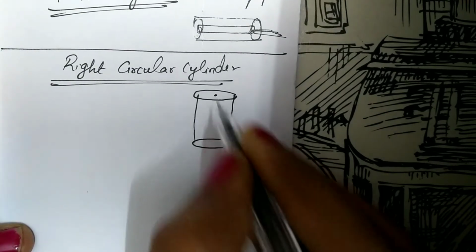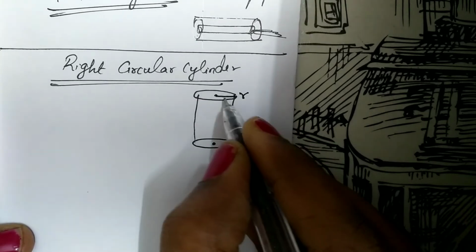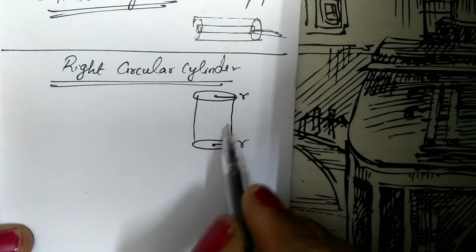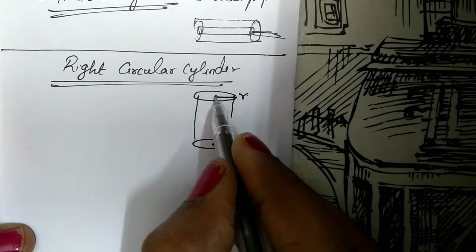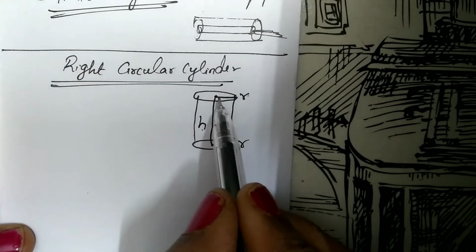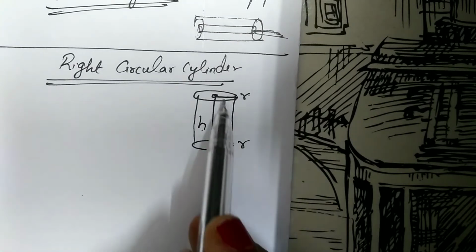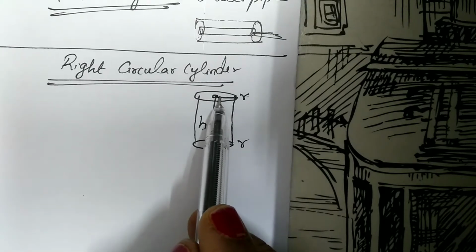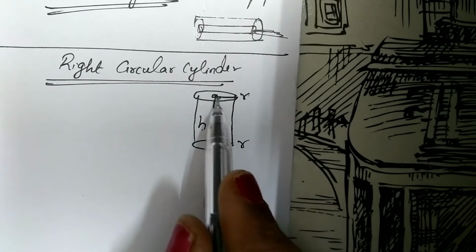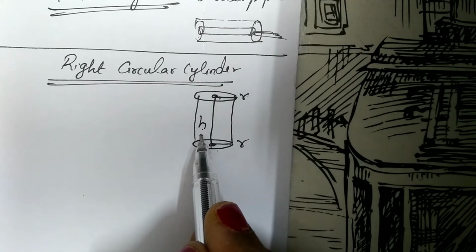You can see the top and bottom are in the shape of a circle, and both will have the same radius. Then we have the height of the cylinder. What do we mean by the height of the cylinder? It is the distance between the center of the top circle and the center of the bottom circle. The distance between the centers we call the height.